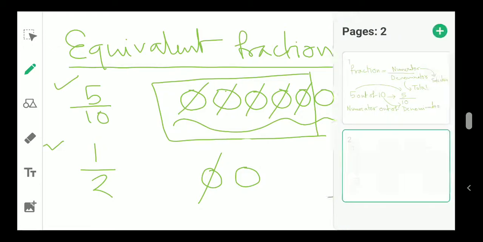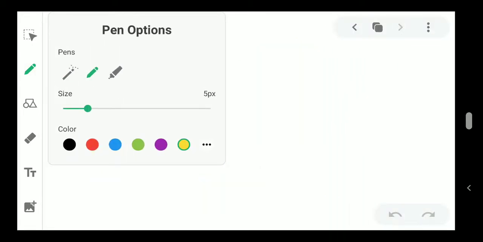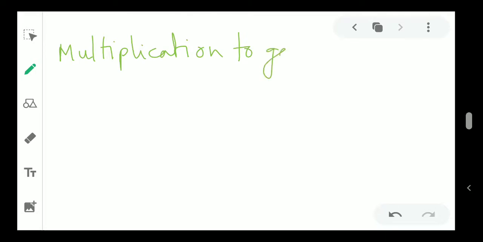So how can we find an equivalent fraction? We can find an equivalent fraction either by multiplication or by division. So first let's talk about multiplication to get equivalent fractions.